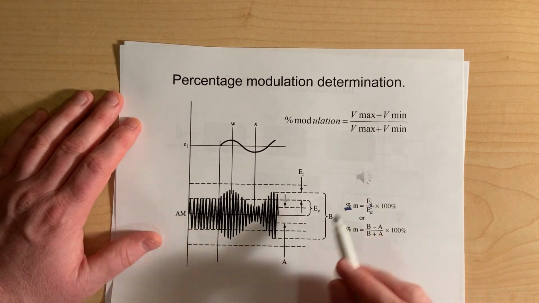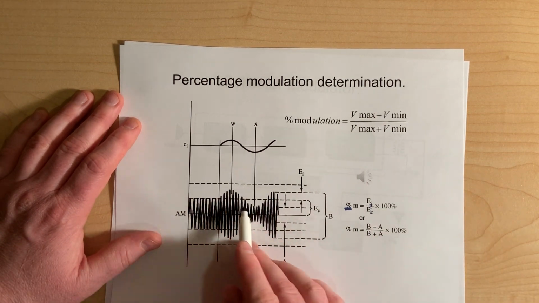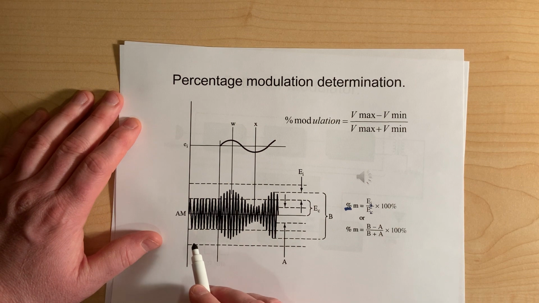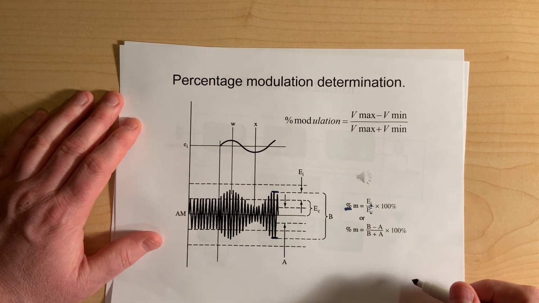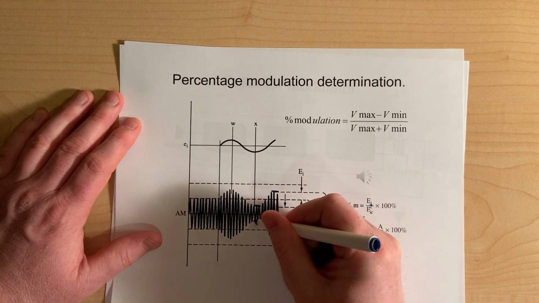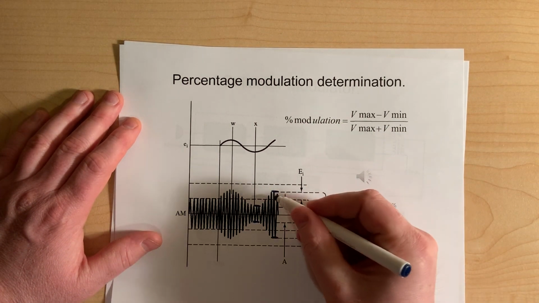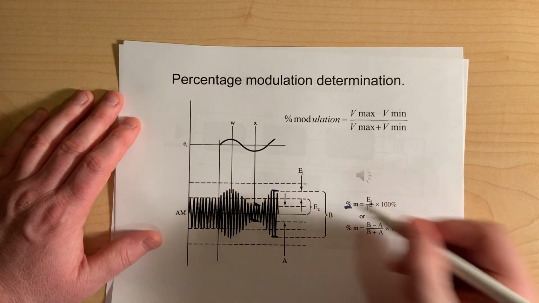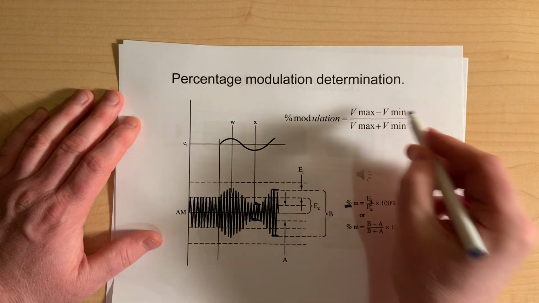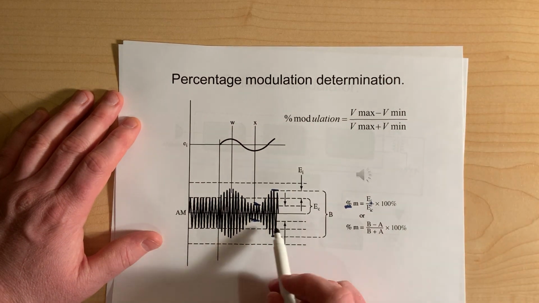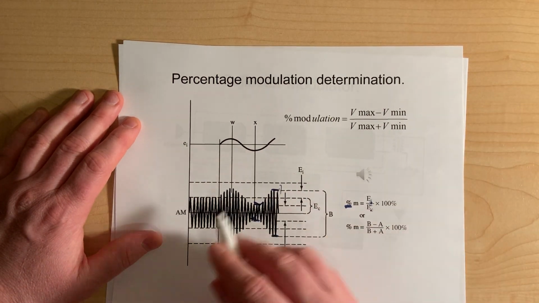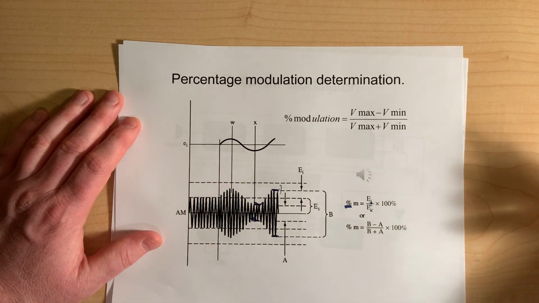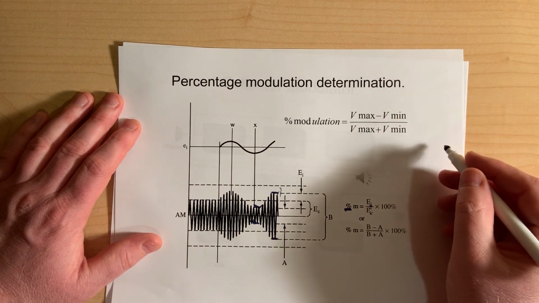If I don't know that, and all I know is the wave, I can measure the maximum peaks and the minimum peaks. Okay, that's what these Vmax and Vmin mean. So we're going to measure the point where it's max, subtract the min, then divide by the sum of them and multiply that by 100, and now we got the percent modulation.